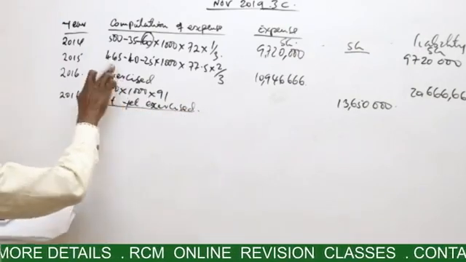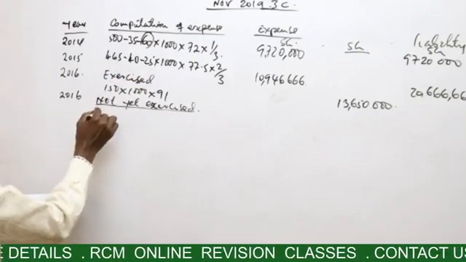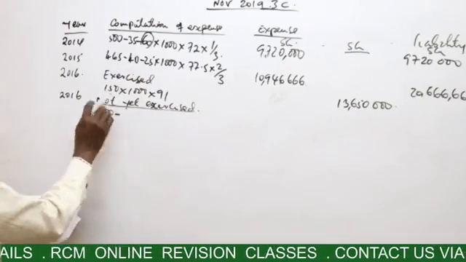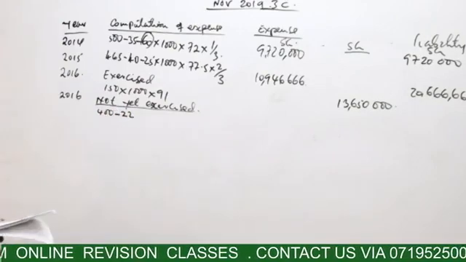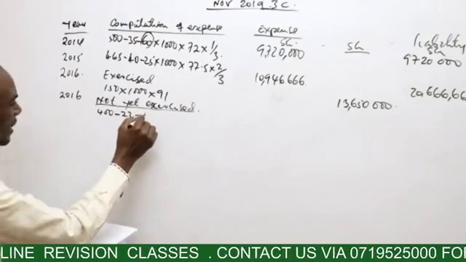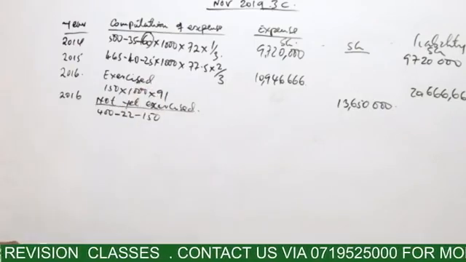Remember here, we had remained with 400 minus 22 who left in 2016 minus 150 who already exercised their rights.